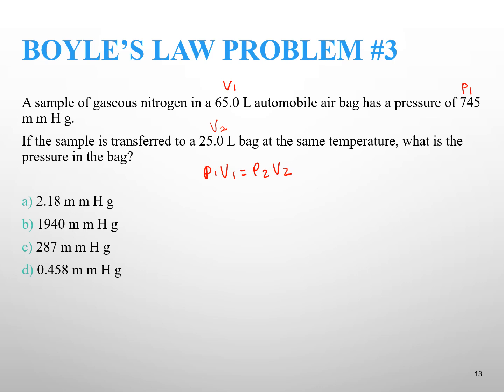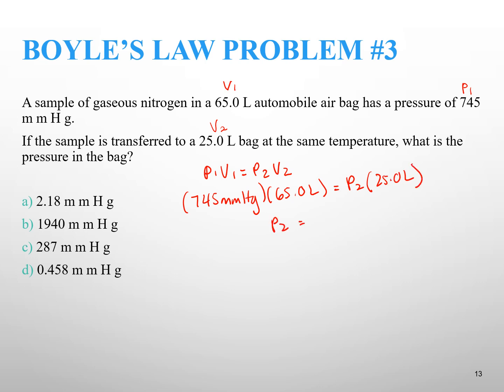So let's go ahead and put it in. 745 millimeters mercury, that's my first pressure. My first volume is 65 liters. And then the second pressure is unknown, so we'll leave that alone. And then we'll put the second volume as 25.0 liters. So then you solve for P2.